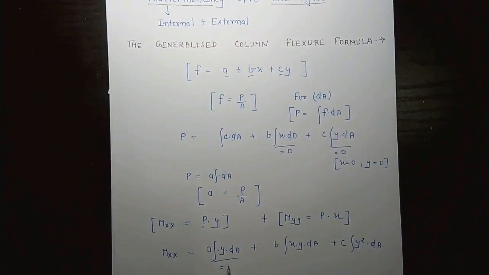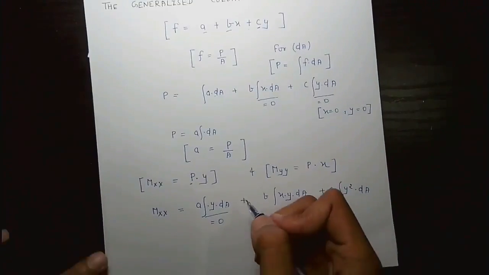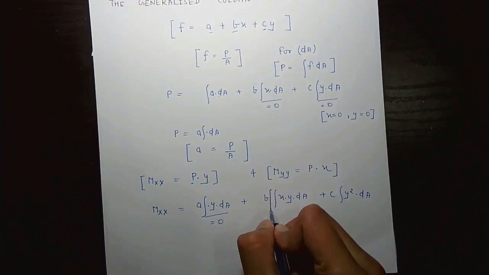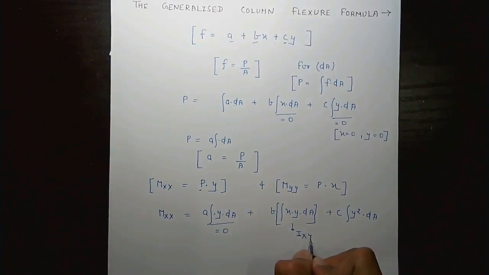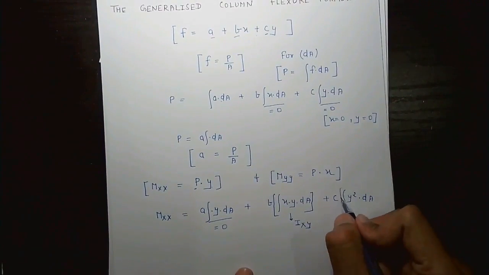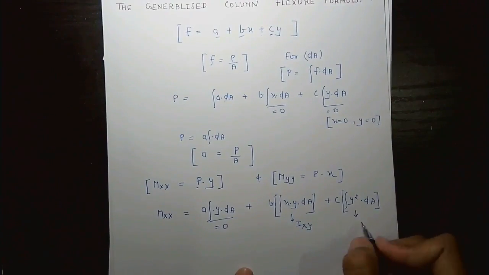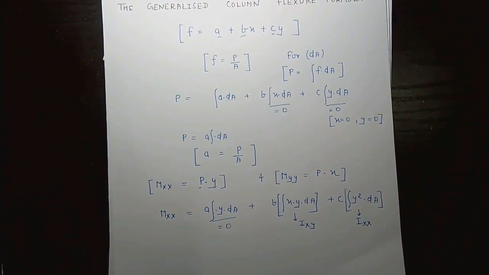This will be again 0, and this term will be equal to moment of inertia about xy, or product of inertia, and this will be moment of inertia about x-axis.